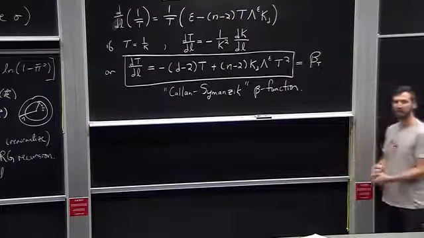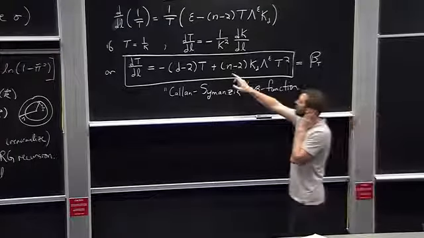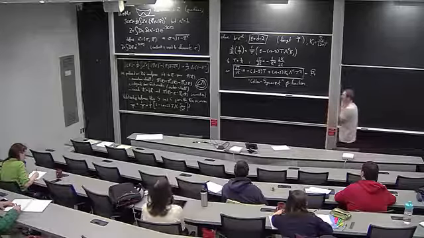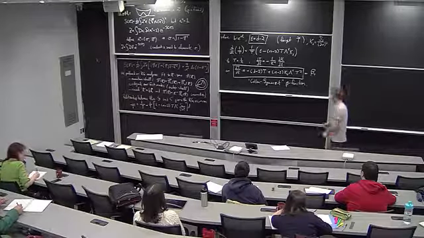Let's just look at the fixed points first. So you see there are two special cases that are already going to happen. Behavior changes at 2 dimensions and n equals 2. Remember, n equals 2 is like the xy model.